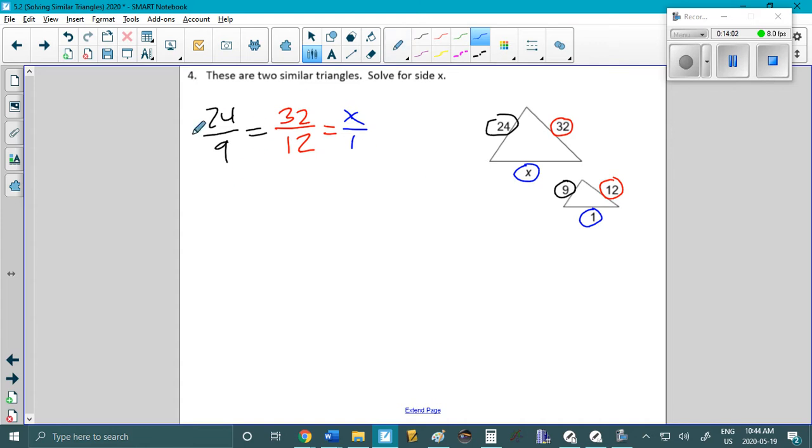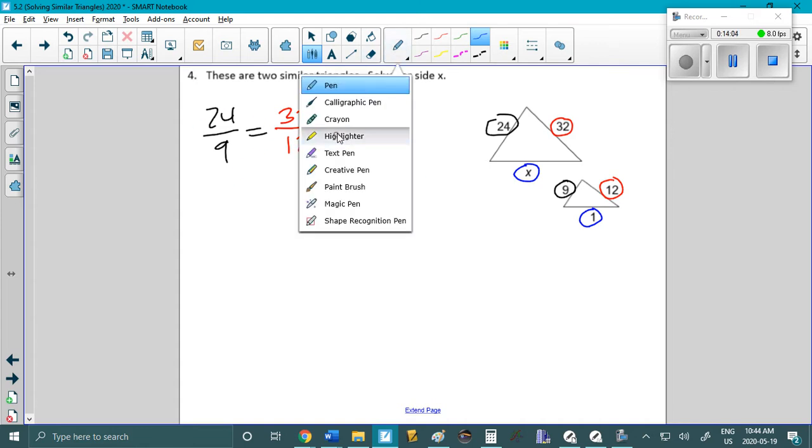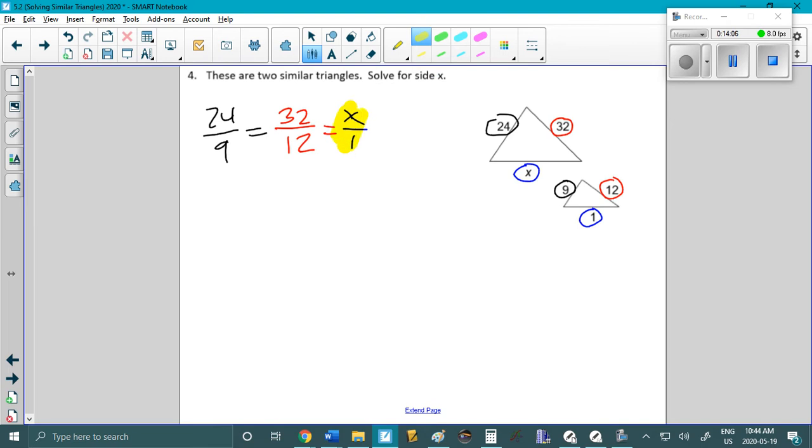So we have 3 ratios here. The important ratio is this one, because this is how we're going to solve for x. So to solve this, I need that ratio. So x over 1 equals, and now I'm going to pick one of these. It does not matter which one I pick at all. So let's pick 24 over 9.